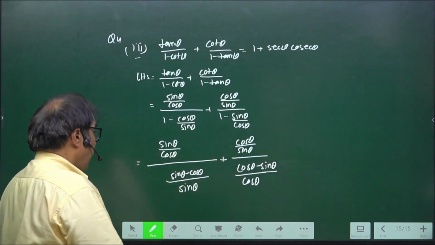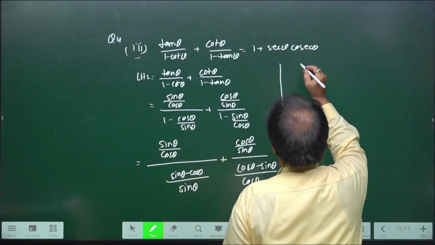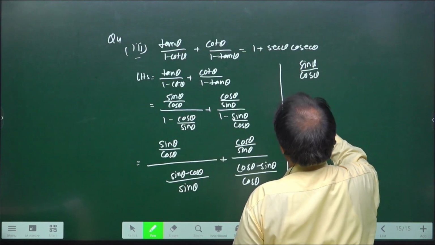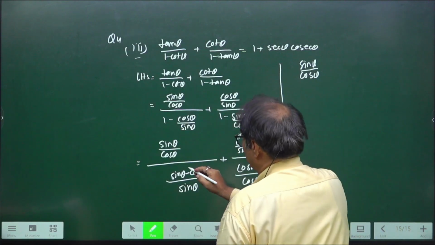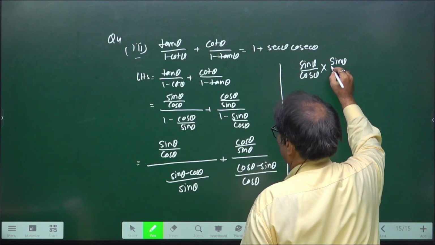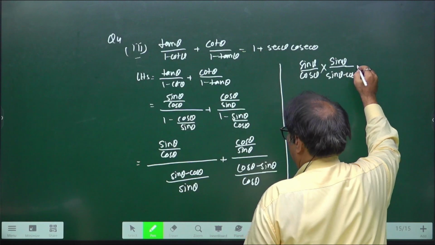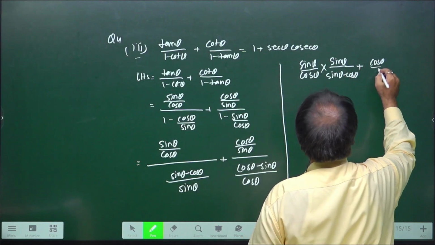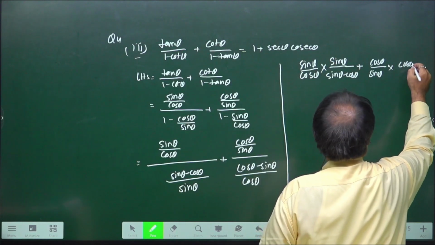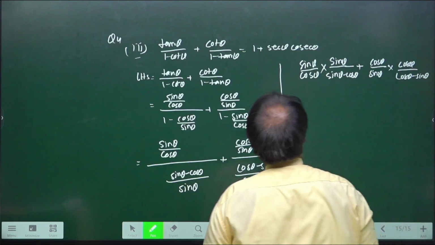Okay, and now this can be written as sin theta upon cos theta, and make the division into multiplication, so there will be the reciprocal. So sin theta upon sin theta minus cos theta, plus cos theta upon sin theta and cos theta upon cos theta minus sin theta, right?